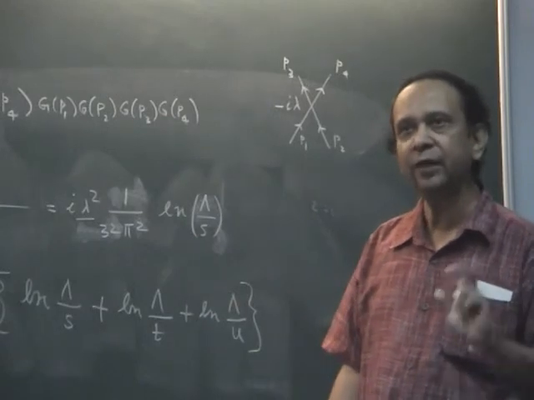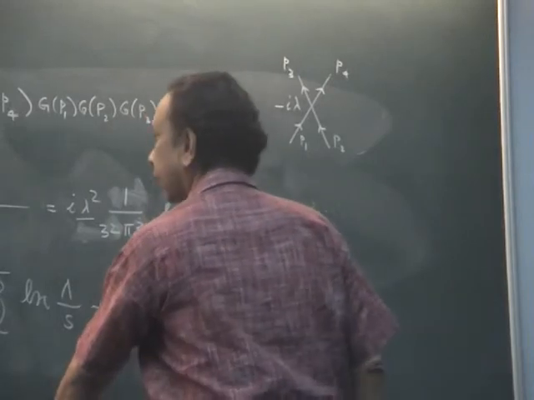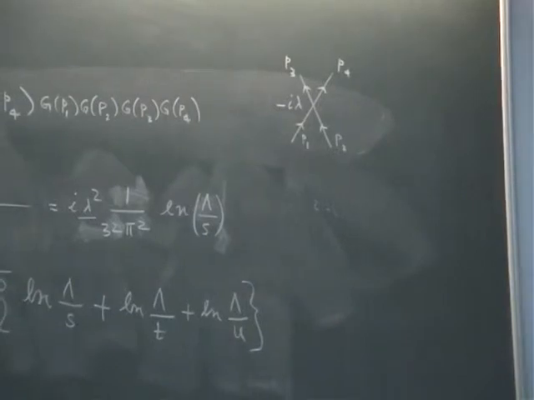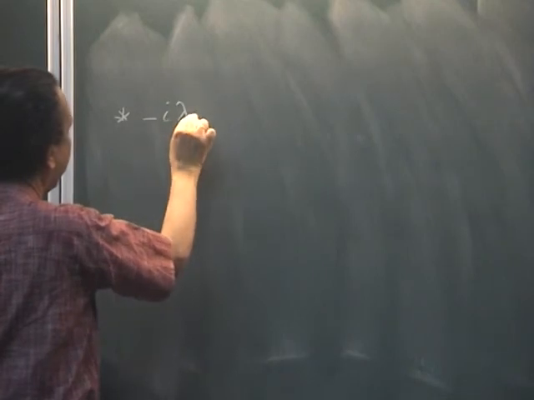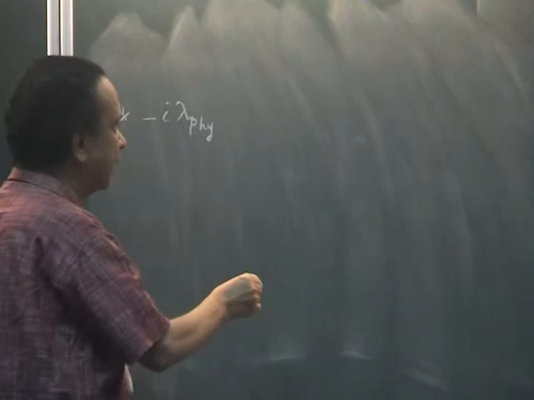Okay? And you define your coupling constant. So what we will do is to say that the observed or physical coupling constant, let us say minus i lambda physical, is defined through this amplitude.